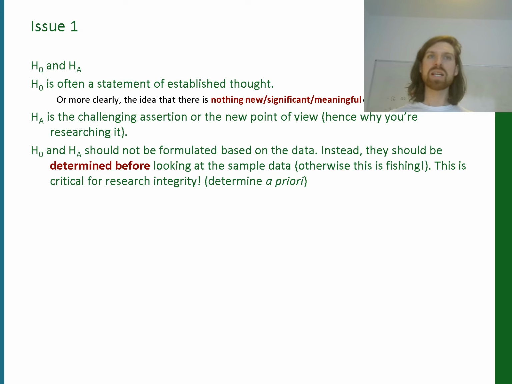The completely wrong and incredibly unethical way to do this is to run all of your tests, look at what's significant, and then basically write the paper based on that result. I mean, that is incredibly bad practice. People lose their jobs over this. People are barred from specific journals if they're caught doing this. Do not do this.